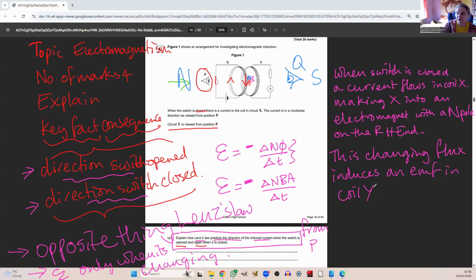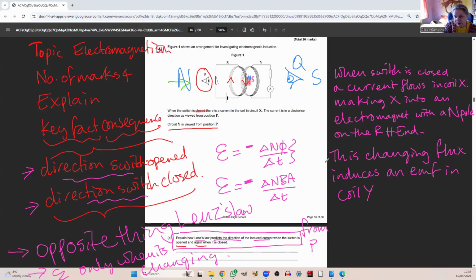And you've then gone on to say it has a magnitude proportional to the rate of change of flux linkage, which is explaining Faraday's law. Have you been asked to explain Faraday's law? No. So what you've got to do is not explain Faraday's law. You've got to explain how Lenz's law predicts the direction of the induced EMF.